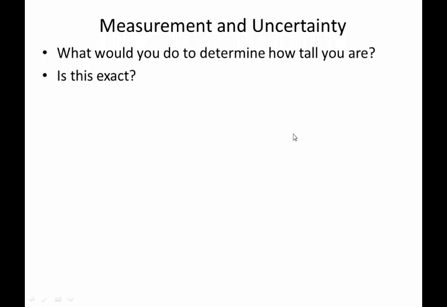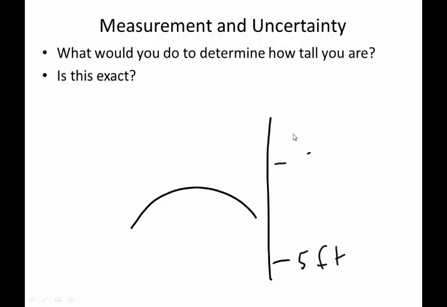Odds are, when you stand up next to a ruler, at the top of someone's head, you'll notice that there might be 5 feet, 6 feet. I didn't put enough hash marks there, did I?